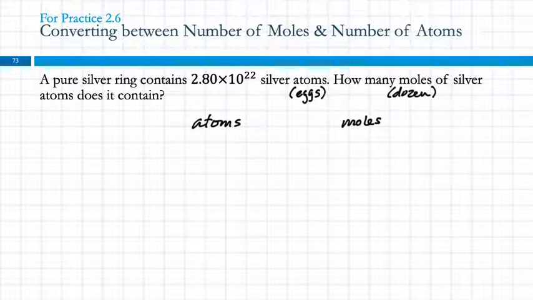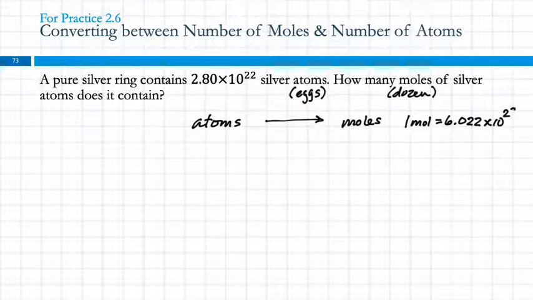This is dimensional analysis. We're going to identify what we're starting with and what we're going to end up with, and then figure out how we can get there. Do we have a relationship between atoms and moles? Yes, we did. I just explained that one to you. So we can do this in one step, because we know that 1 mole is 6.022 times 10 to the 23rd atoms.